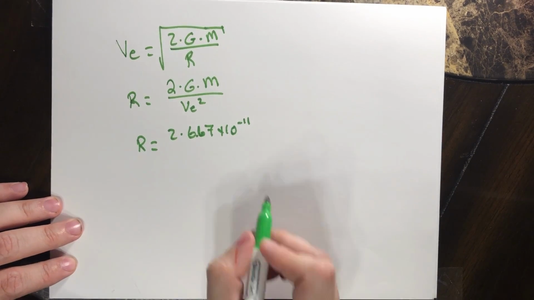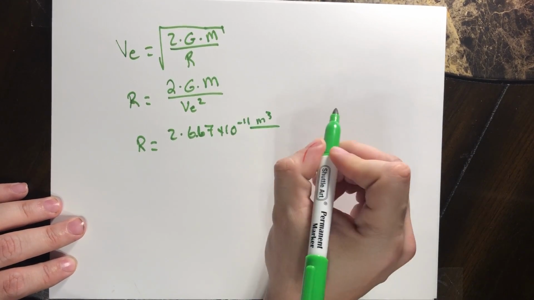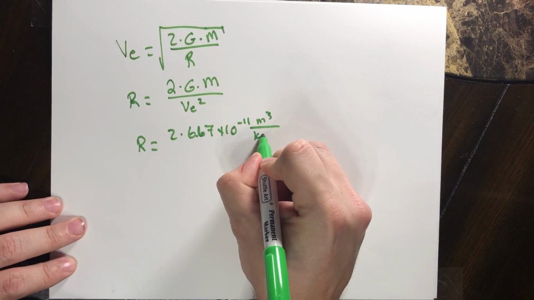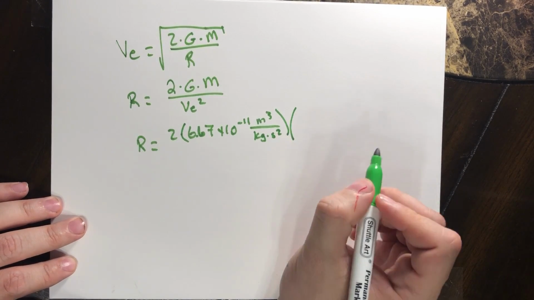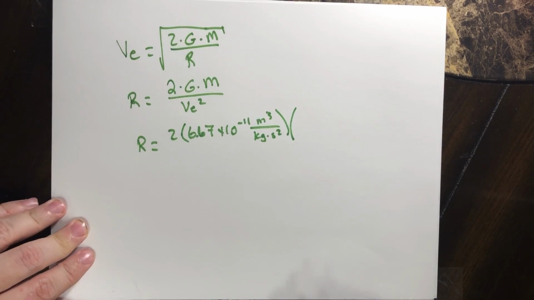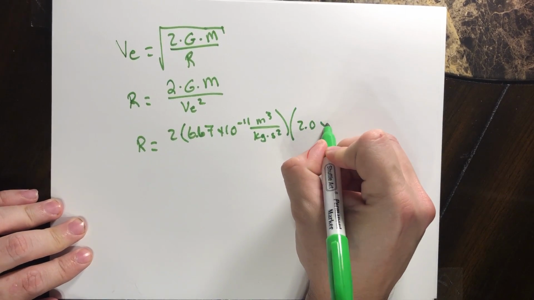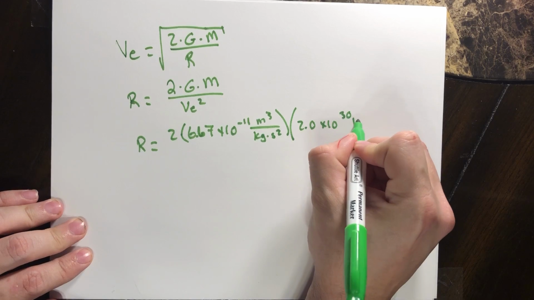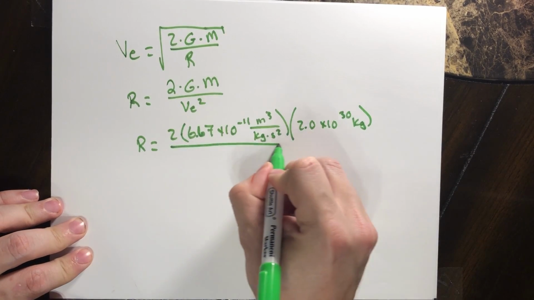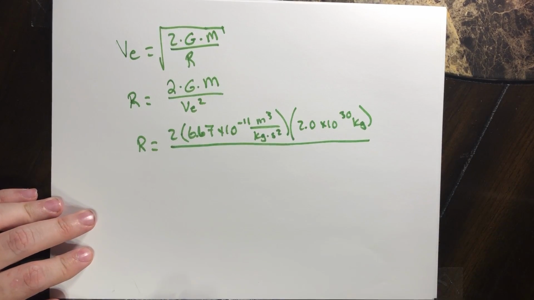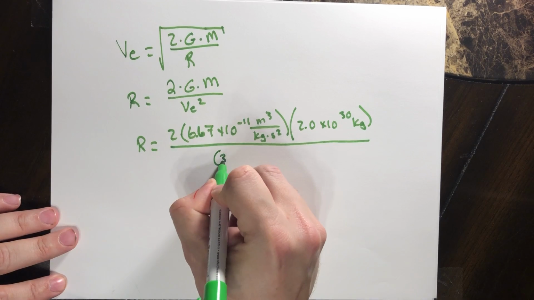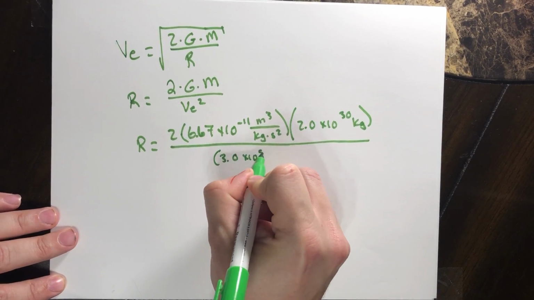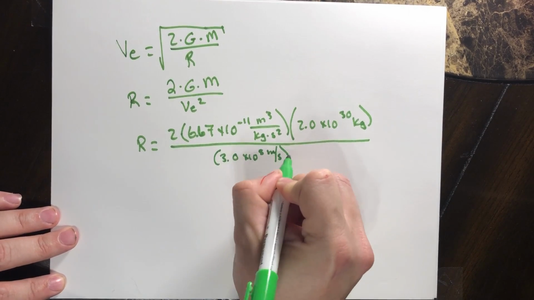Again, this is our gravitational constant, meters cubed over kilograms times second squared, times the mass, in this case of our sun or the black hole, was 2.0 times 10 to the 30th kilograms, divided by our escape velocity squared, where in this case we're dealing with the escape velocity of light, which is what we said sort of defines our event horizon. So 3.0 times 10 to the 8th meters per second, quantity squared.